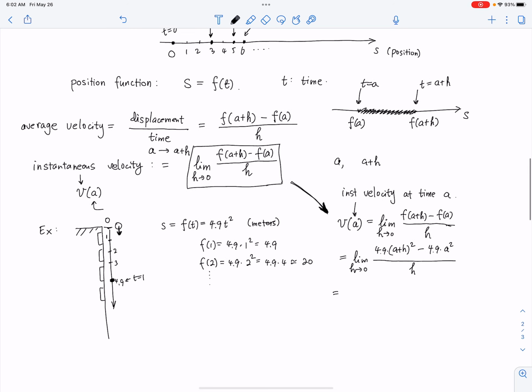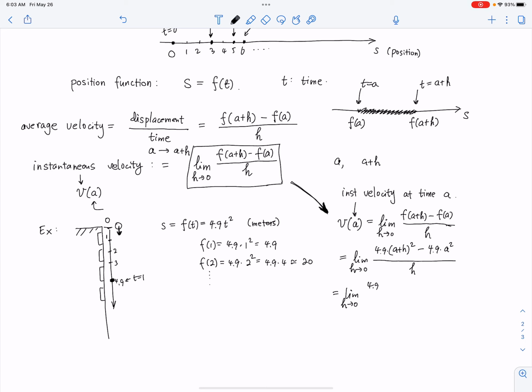And you can simplify that. And remember, h goes to 0 because we want to know the instantaneous velocity. So we only look at a very short time period, okay? And that gives us this average velocity, but within a very short time period. And that's how we define this instantaneous velocity.